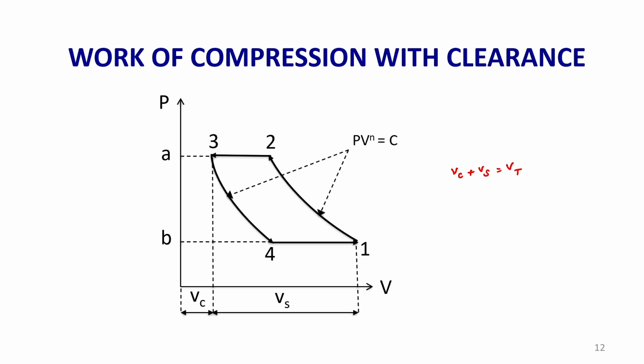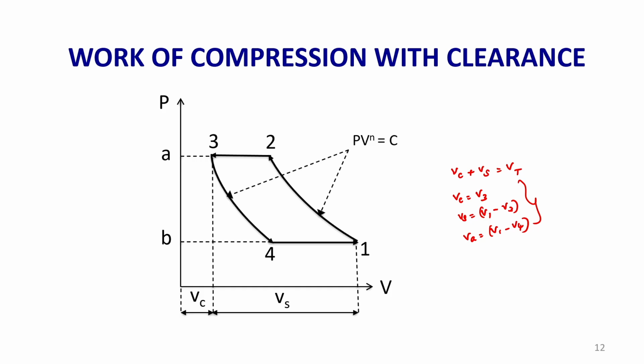Let me write it here, Vc is equal to V3, Vs is equal to V1 minus V3, and the actual volume is V1 minus V4. So, these three are very important inferences from this pressure volume diagram. As we infer from the PV diagram, clearance is provided, that clearance is this portion.